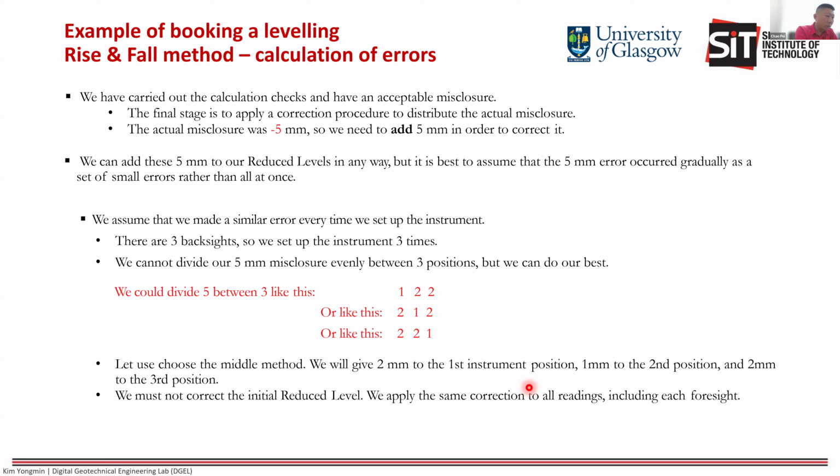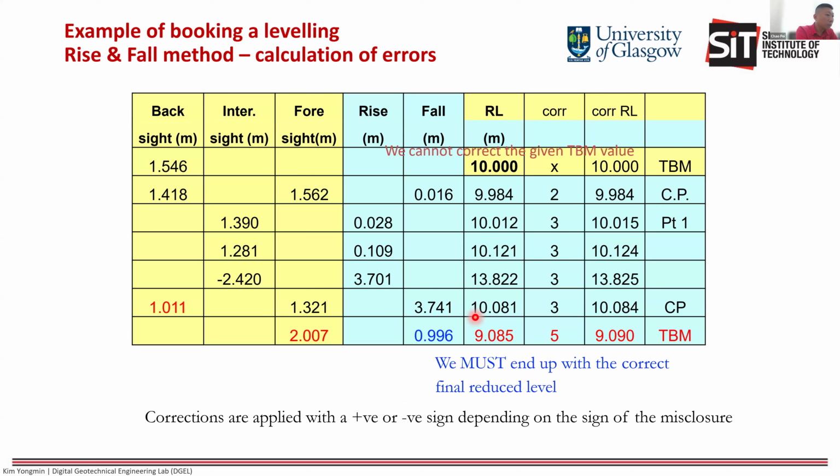So in this example, we take the second distribution method. At the first position, we add 2 mm back to the reduced level that we calculated. And for the second position, we add another 1 mm, meaning 2 plus 1 is 3 mm, for the second position readings.